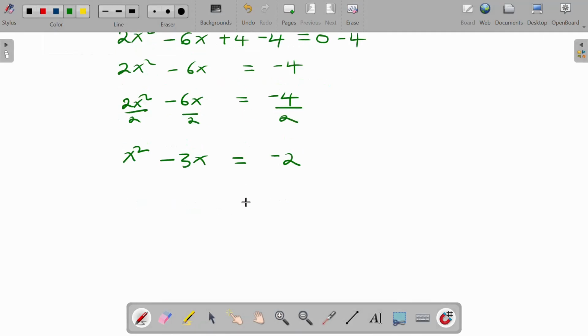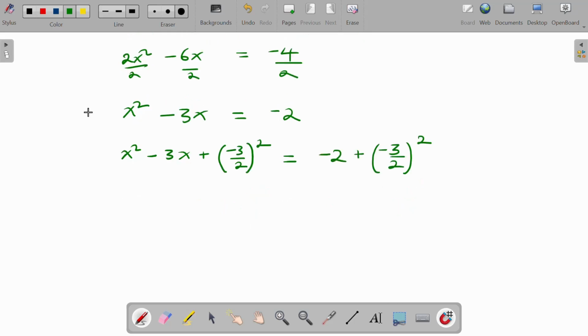Then we are going to add the square of half the coefficient of x here. So we are going to have our x squared minus the 3x plus negative 3 out of 2, but we square it, equals to negative 2. What we have done on the left, also on the right hand side, and then we square it.